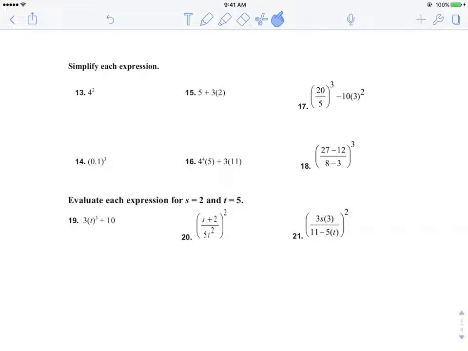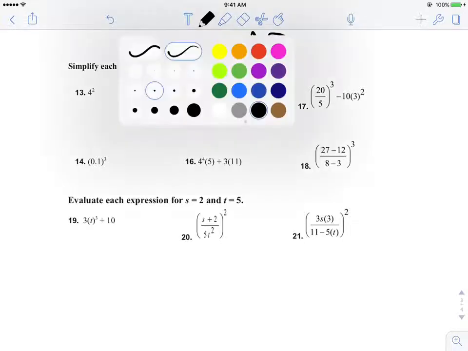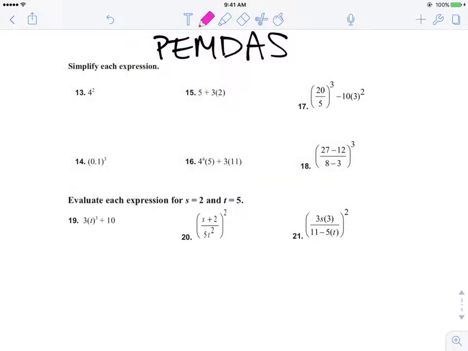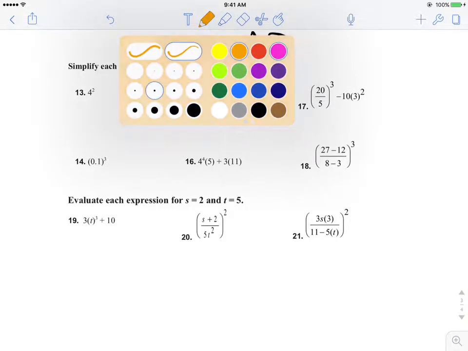In these two sections here, what we're doing is simplifying and evaluating. Whenever we simplify or evaluate, that just means we follow the order of operations, also known as PEMDAS. Remember, PEMDAS stands for parentheses, exponents, multiply, divide, add, subtract.